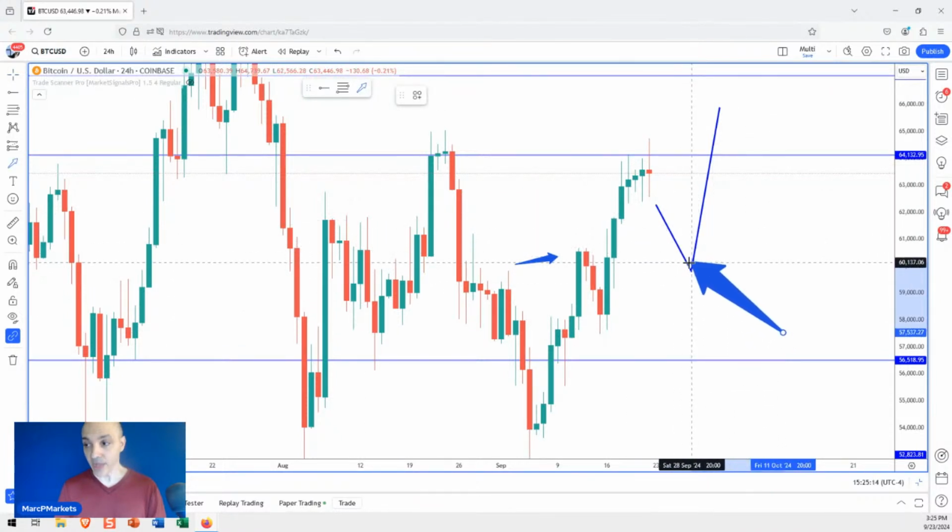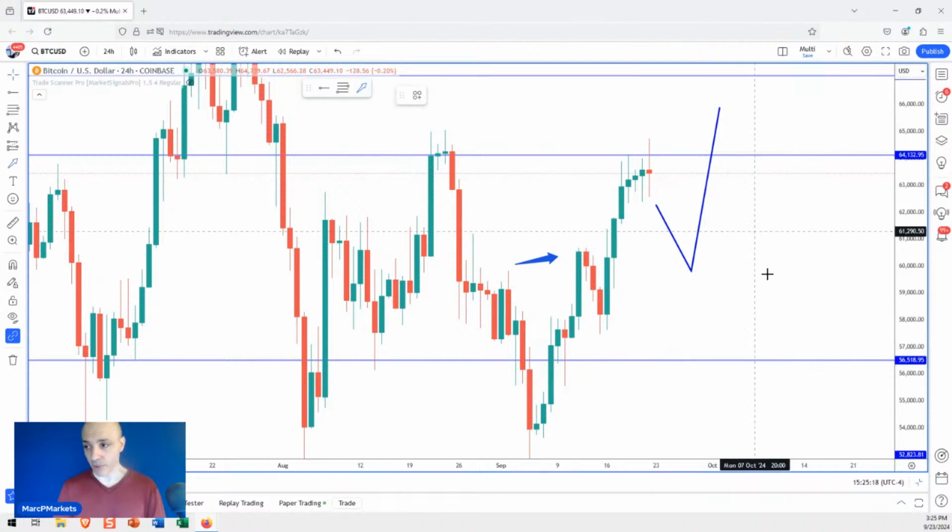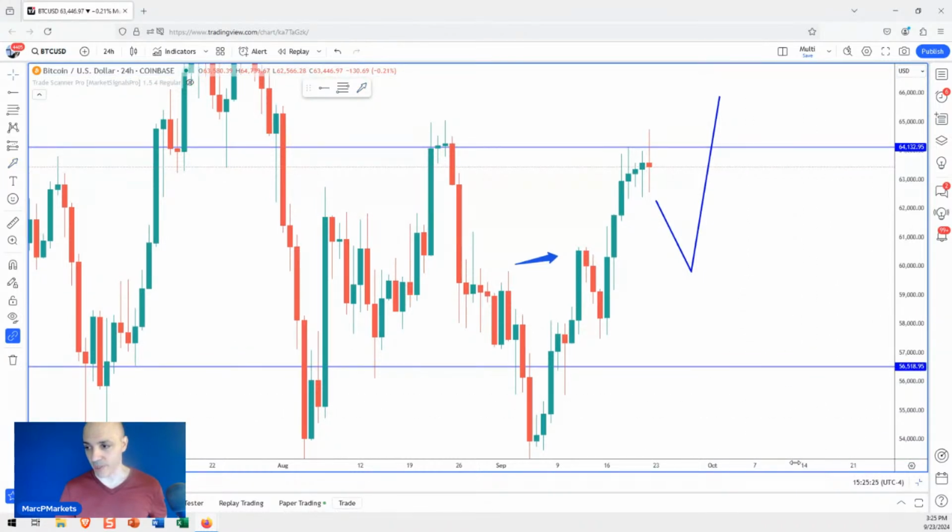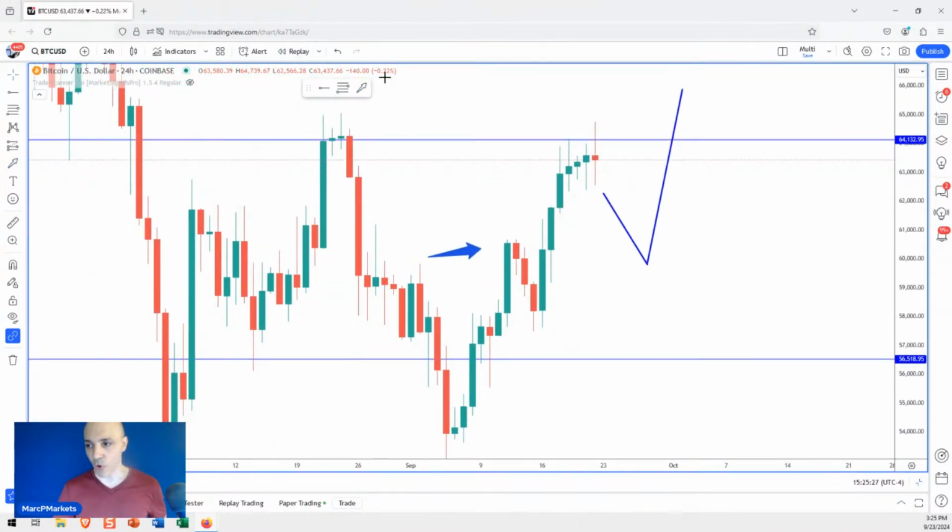Okay, the pullback to notice. How come I haven't drawn my illustration all the way to the support level? Anyone want to answer that question? That might be a tough question to answer, but let's see. Why haven't I drawn my illustration all the way to here? How come I stopped here?